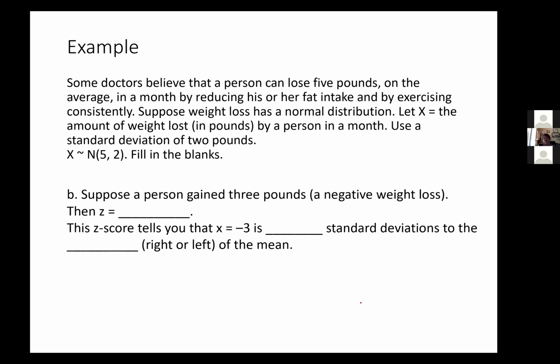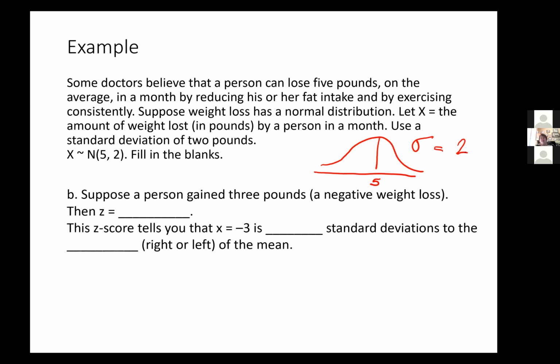All right, same distribution. So this is a weight loss program with a mean of 5 and a standard deviation of 2. So suppose somebody gained 3 pounds. That would be me. So what this means is your weight loss is negative.